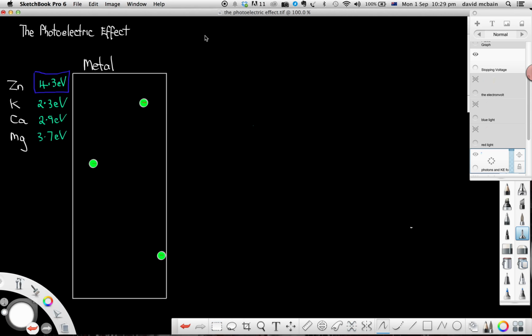Basically, he realised that the kinetic energy of the ejected electron, so we're going to call that a photoelectron, was equal to the energy of our incoming photon.